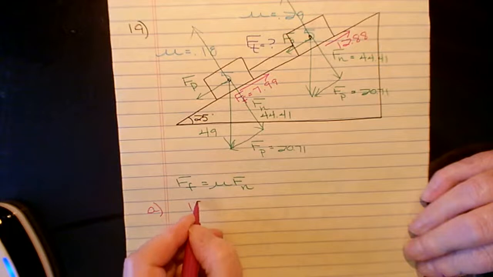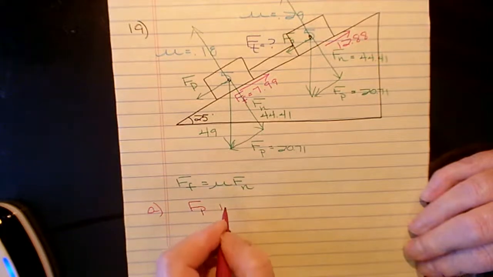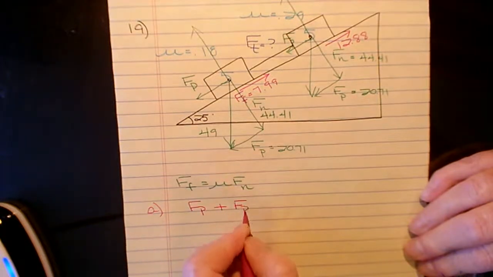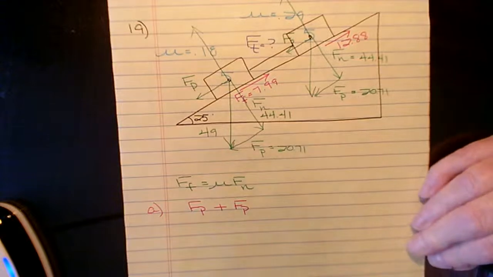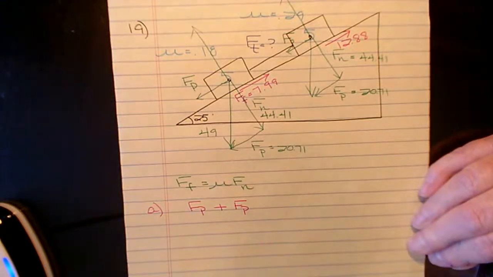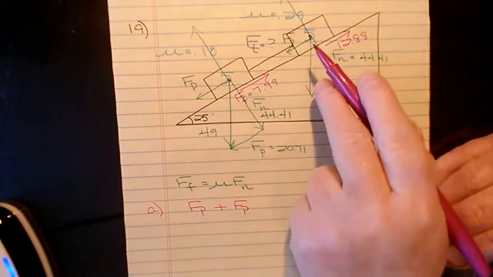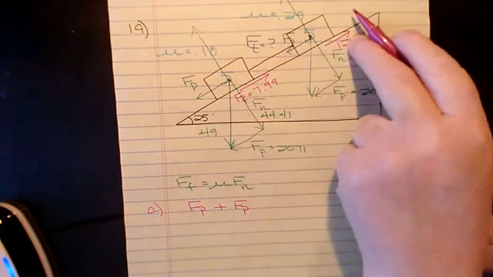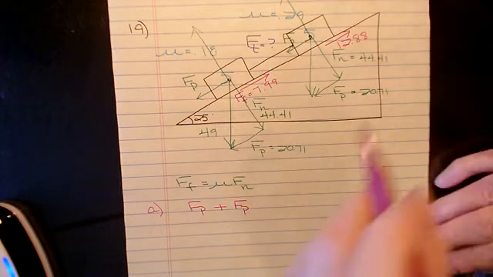So I have FP from the first one, plus FP from the second one, and then we subtract off any friction or any blocks that we're dragging. We're not dragging any blocks over the edge of the inclined plane.